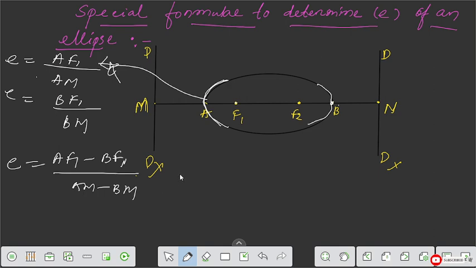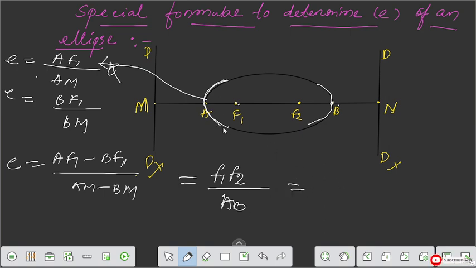In this case AF1 minus BF1, which is equal to F1F2, divided by AM minus BM, AM minus BM, which is AB.